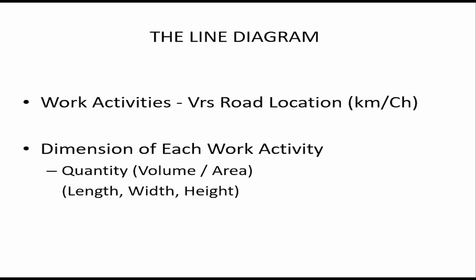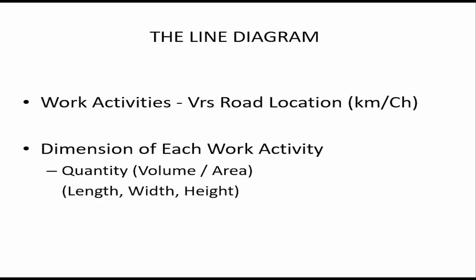The line diagram is basically work activities versus road location. The work activities are on the vertical face of the line diagram, and then the road location is on the horizontal of the line diagram.